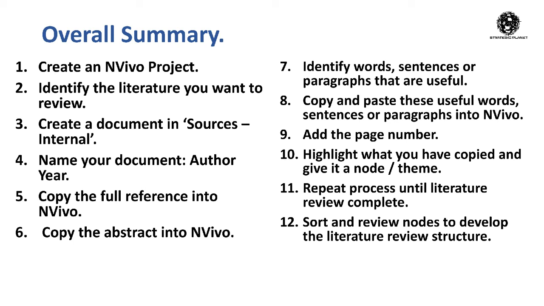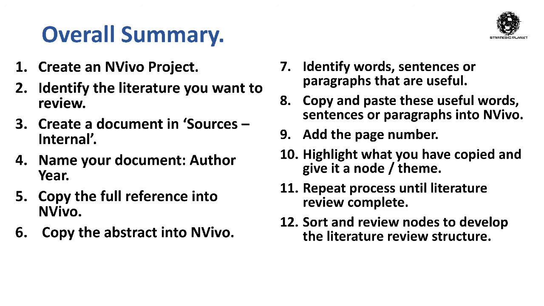7. Identify the words, sentences or paragraphs that you think will be useful. 8. Copy and paste these words, paragraphs or sentences into the NVivo document. If it's a book, you're going to have to write it out. 9. Add the page number. This will be useful if you're going to do a direct quote. 10.